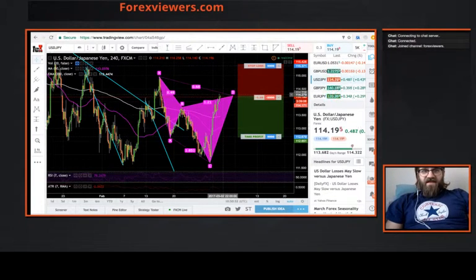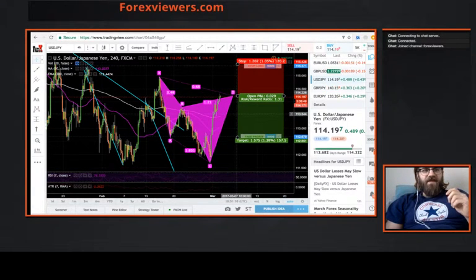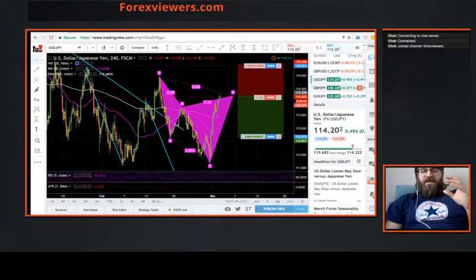Right now it's just a waiting game. Hopefully the market's going to trend that way so that we get to at least break even here on the dollar yen. So if we spike to the upside on the dollar yen, we're probably going to spike to the downside on the Aussie dollar.